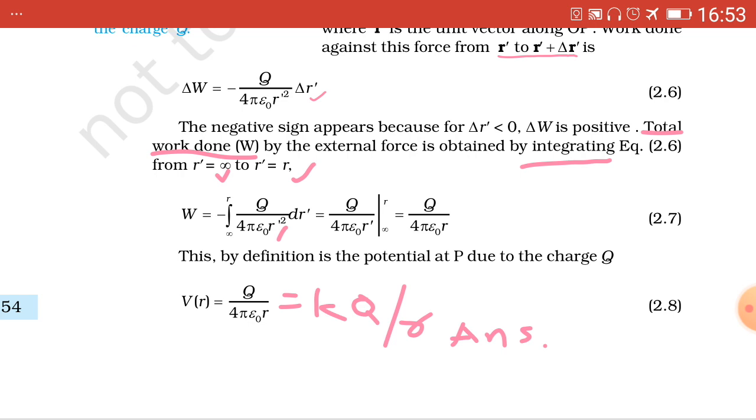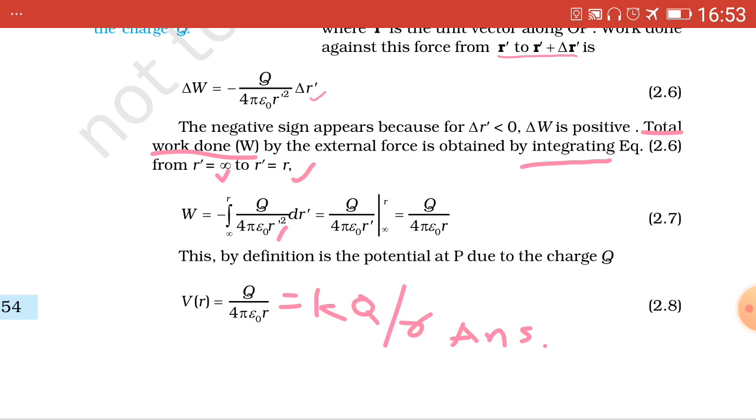So this will be equal to capital Q upon 4 pi epsilon 0 r dash. Limits are from infinity to r. In terms of r dash, we substitute first the upper limit r, and then infinity, so the answer is upper limit minus lower limit.